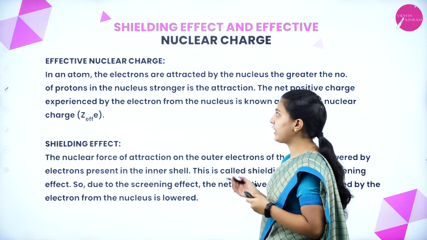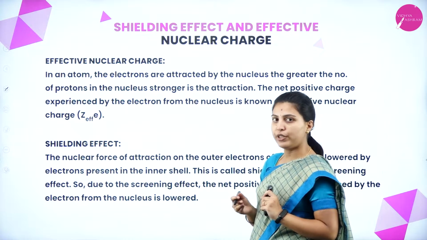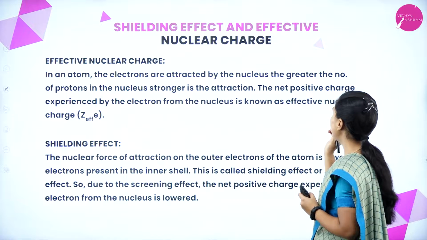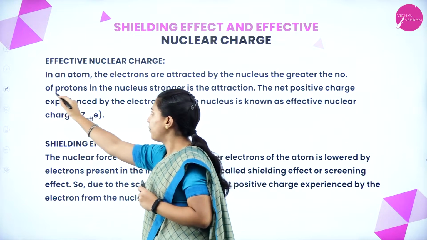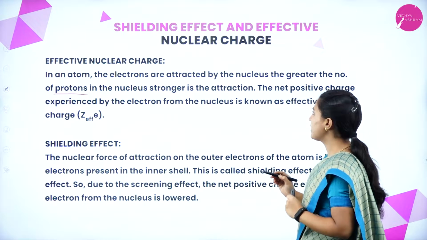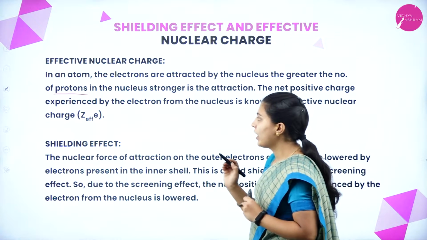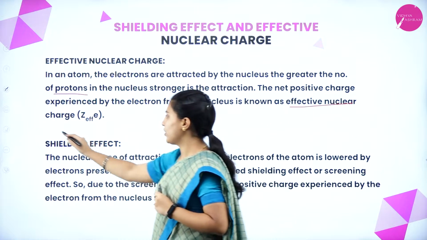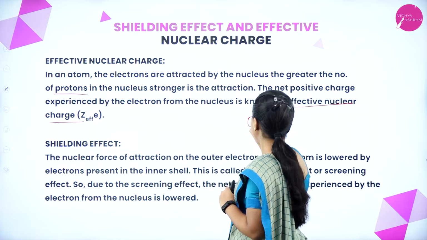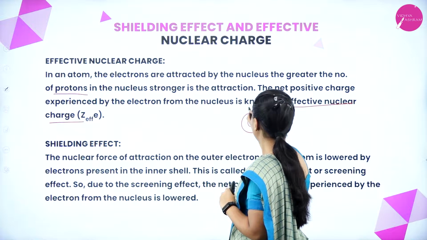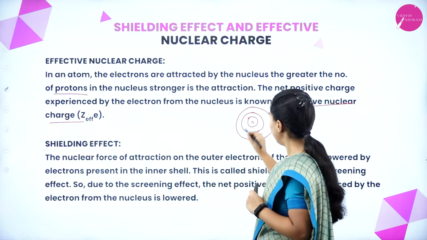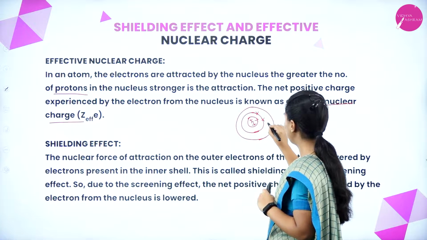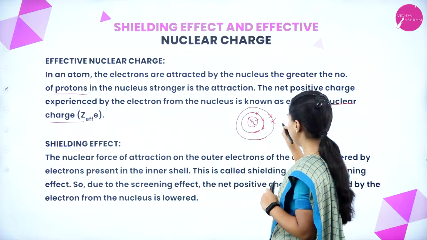Next we will see the shielding effect and effective nuclear charge. First we will see effective nuclear charge. In an atom, the electrons are attracted by the nucleus. The greater the number of protons in the nucleus, the stronger is the attraction. The net positive charge experienced by the electron from the nucleus is known as effective nuclear charge. If this is the nucleus and this is the orbit, in the nucleus we will have protons, and here electrons.